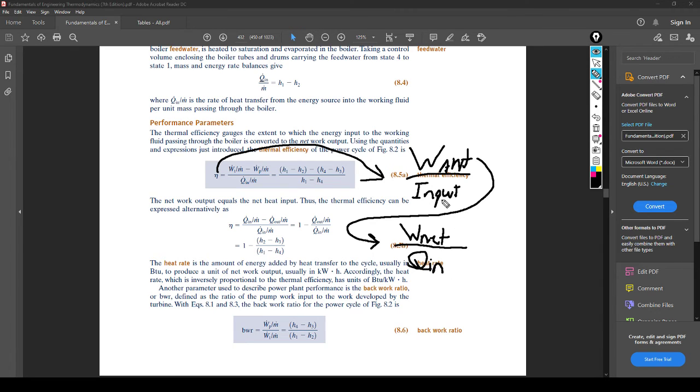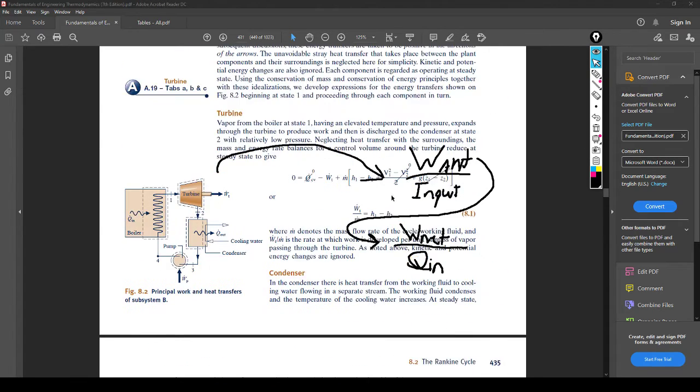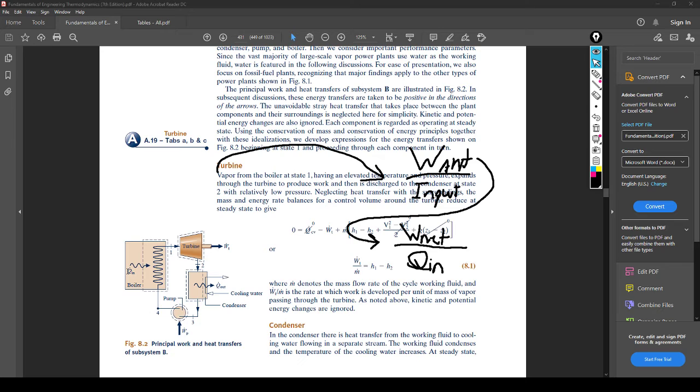Because what we had to put in, we can go back up here to the picture as well. If you look over here, what is the only thing going into the system? We have work leaving right here. We have heat leaving right here. We have heat input right here, and we had work input here.